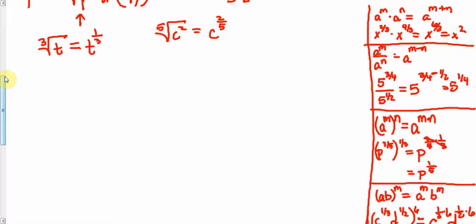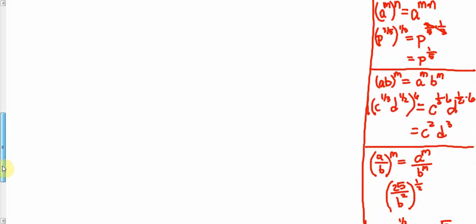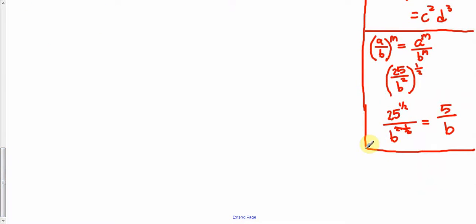Oh, I know one thing we need to review too, and they didn't put it in the chart, but I want to review it. Anything to the 0 power is 1.